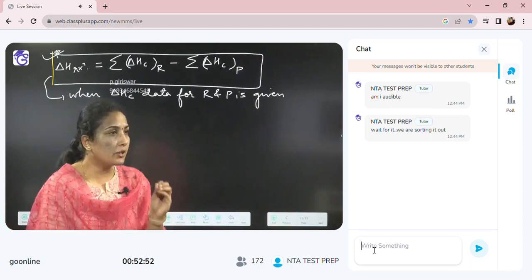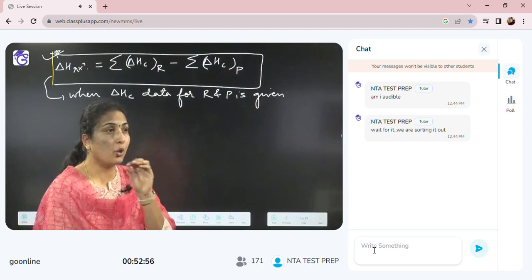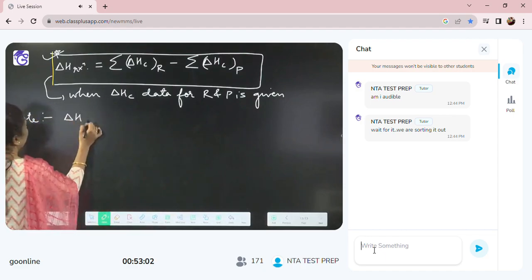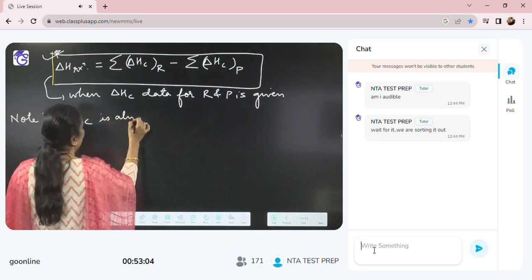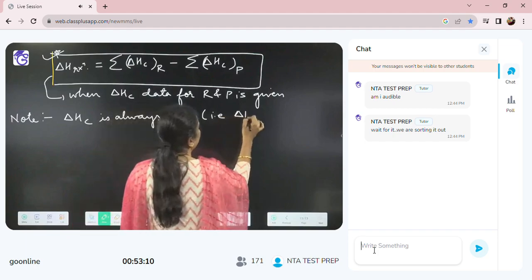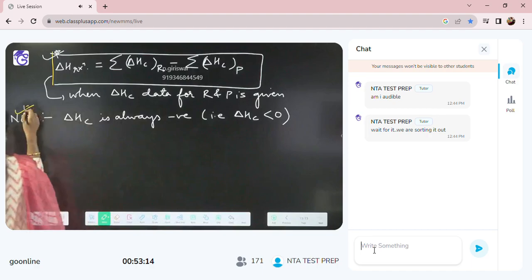If it is exothermic, then the enthalpy of combustion will be negative, always negative. There is no doubt about it. So I'll write here, delta Hc is always negative, that is, delta Hc is always less than 0.